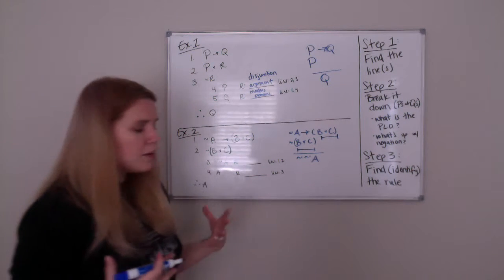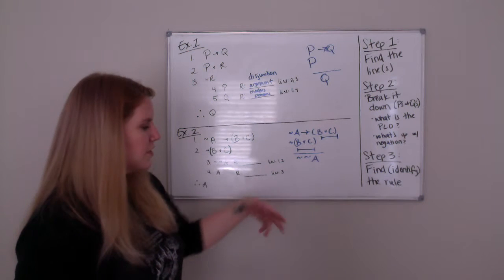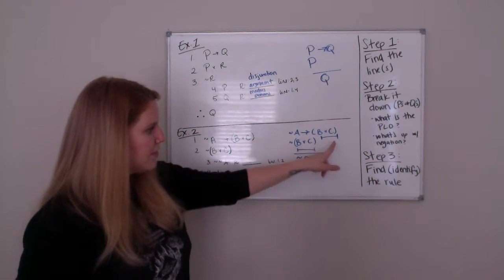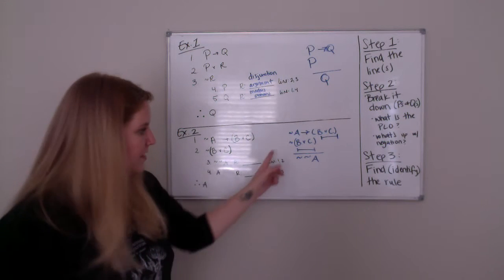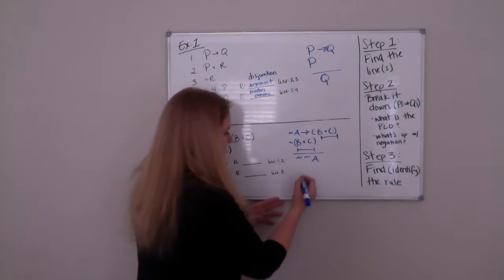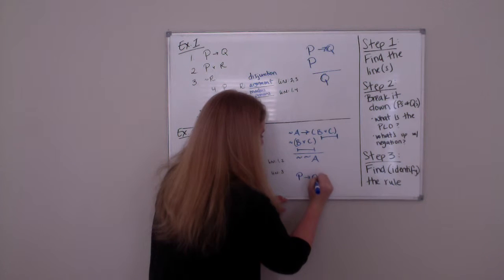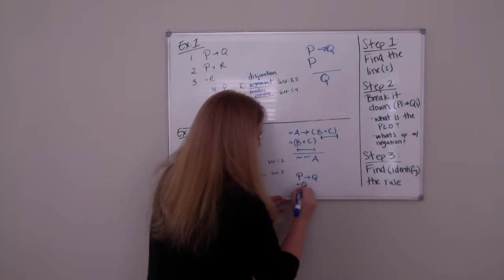Okay, and we're trying to think about this in as simple of terms as possible. So we're saying here's a conditional claim, and we have the antecedent, we have the consequent, and then the consequent is negated in the next line. So we can think of this as like saying if you had if P, then Q, and not Q.